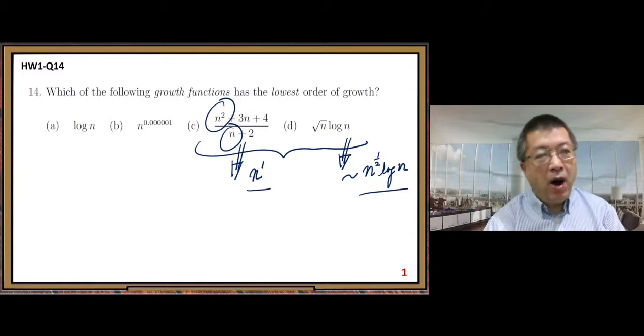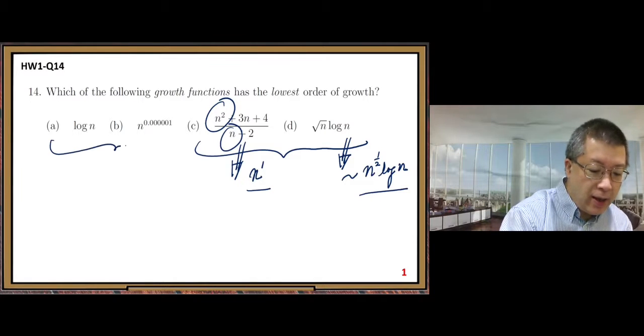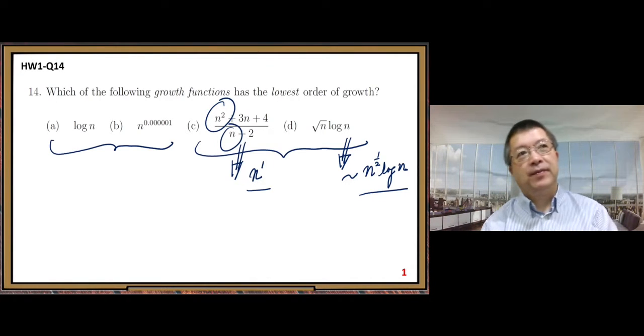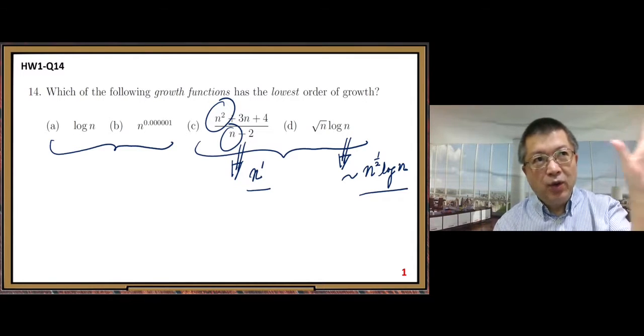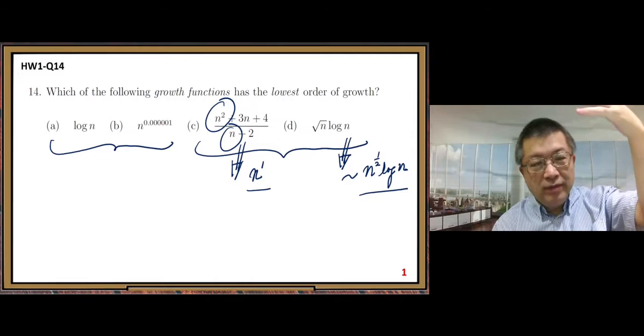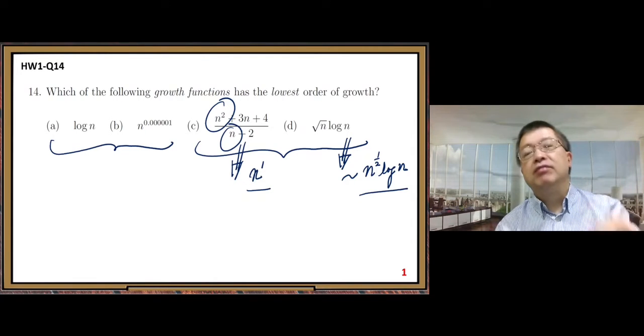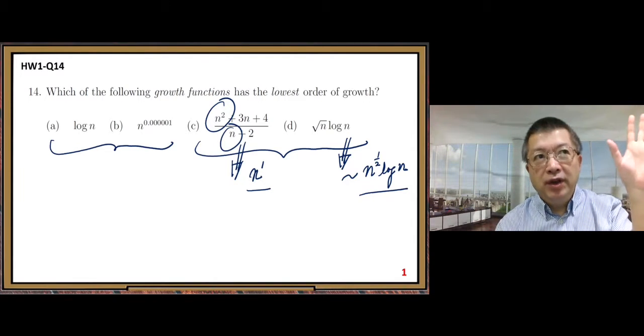But the hardest part is A and B. How do you tell which one is growing faster in the long run?